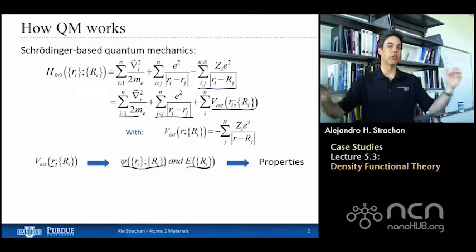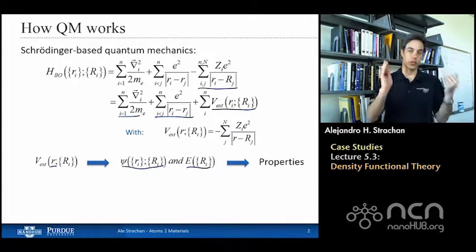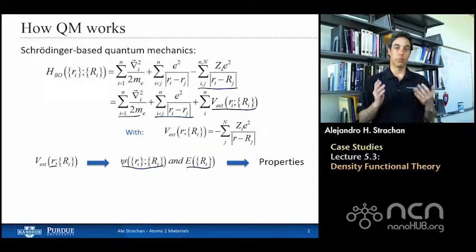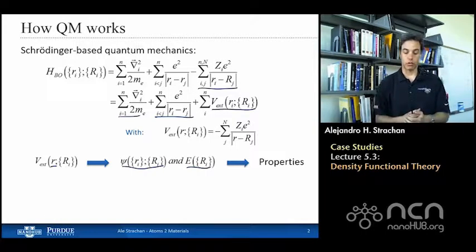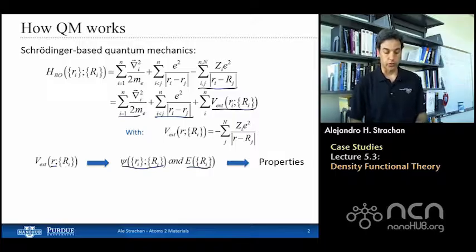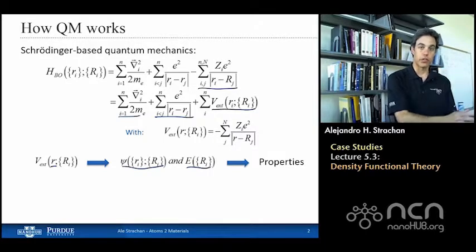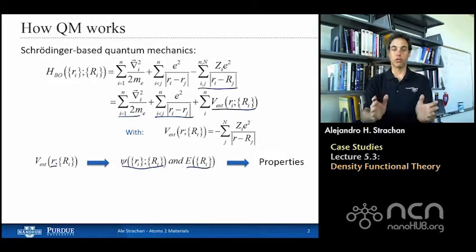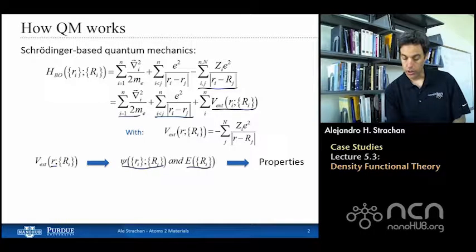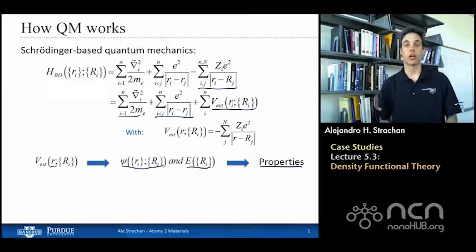And the wave function lives in 3N-dimensional space. That's the dimensionality that's causing us headaches. But I start with the 3D potential, I obtain the wave function and the energy, and from that I can obtain any property that I want.